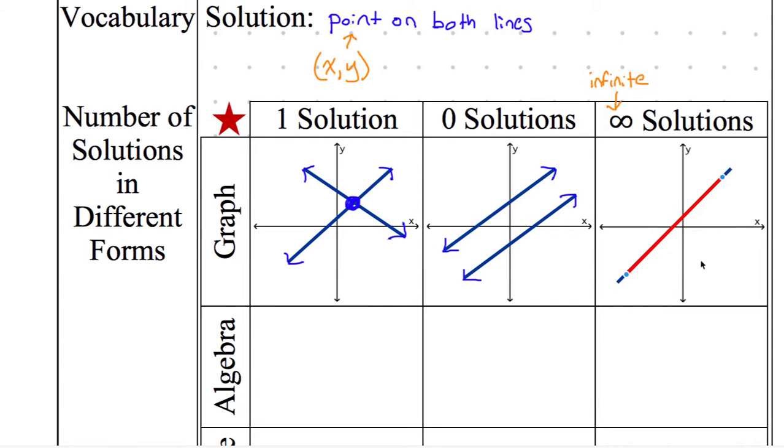Boom. There are infinite solutions. Good job. That was a hard question, too. There's my first line in red. My other line right behind it was in blue. One line on top of each other. And if it's not clear in your notes, you can say on top of each other.